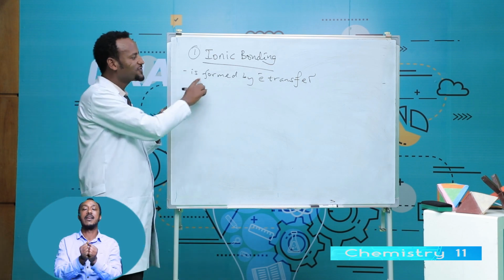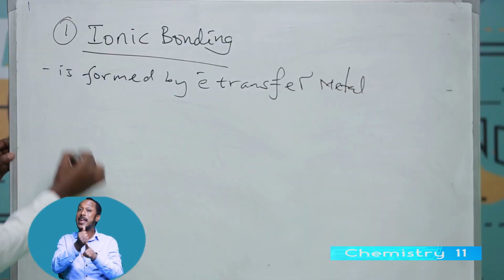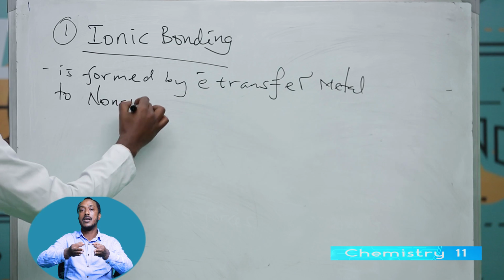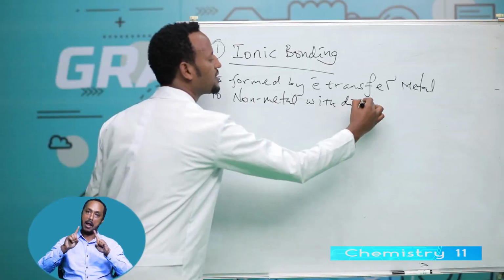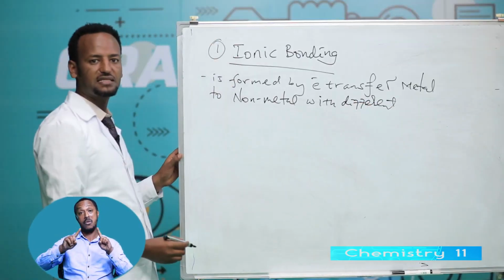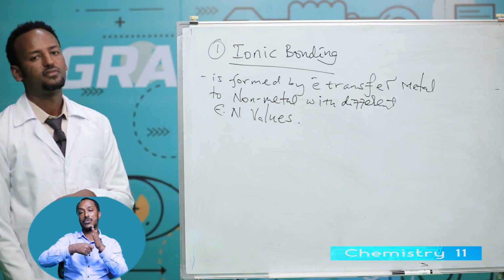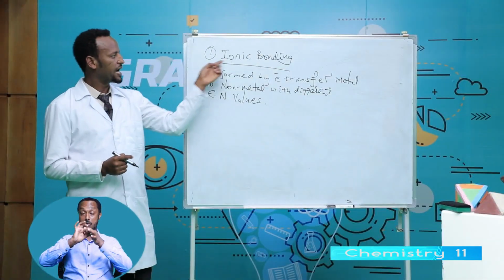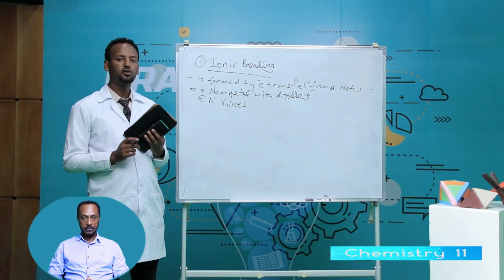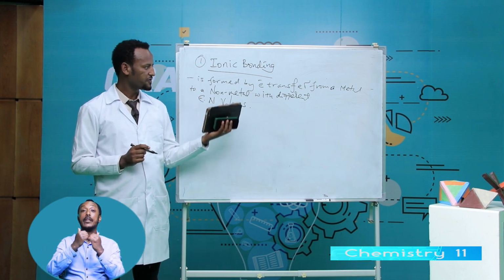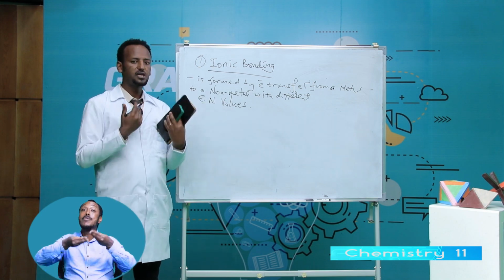Ionic bonding is formed by electron transfer from a metal to a non-metal with different electronegative values. Metals lose electrons, non-metals gain electrons.